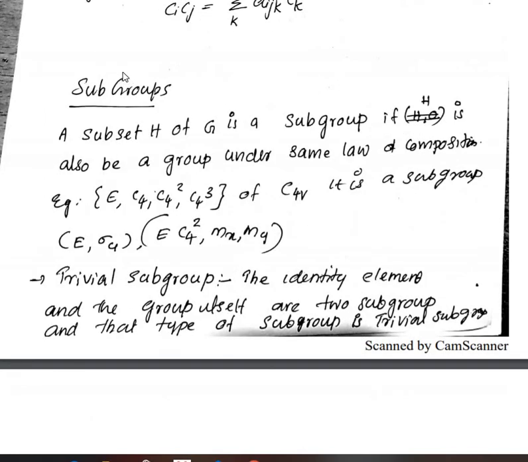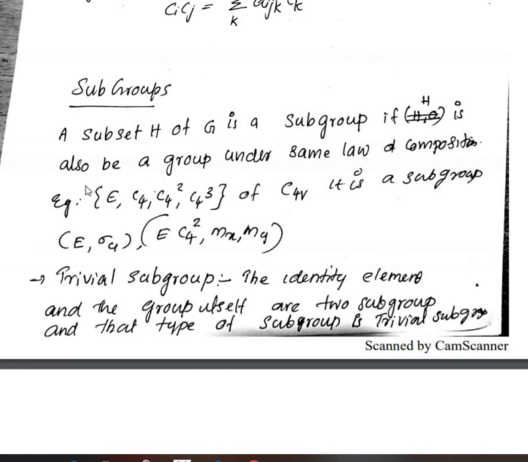So let us check what a subgroup is. A subset H of G is a subgroup if H also belongs to the group under the same law of composition.